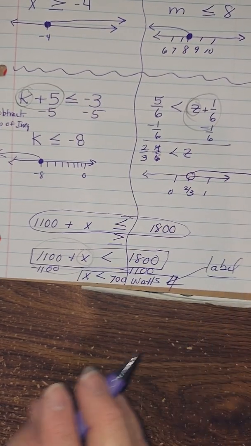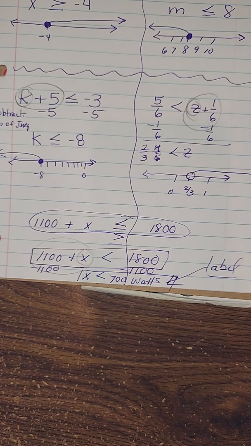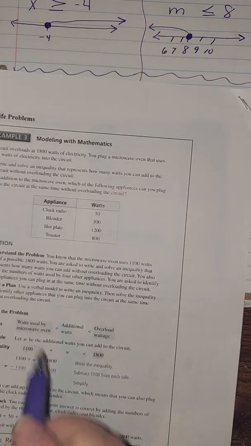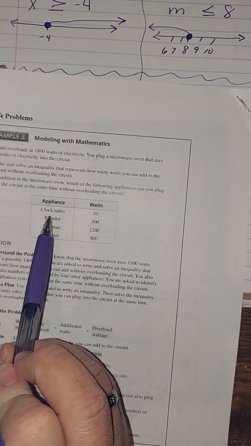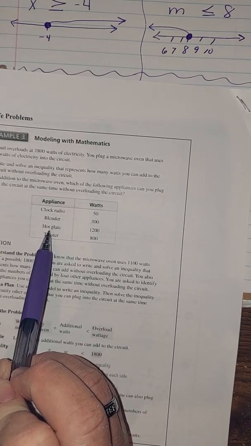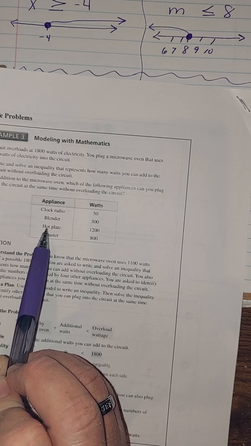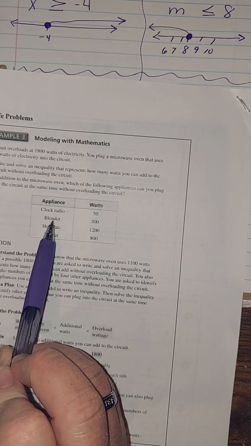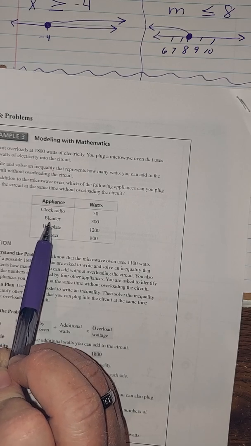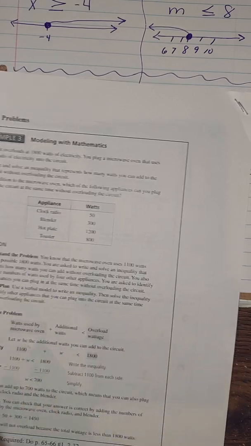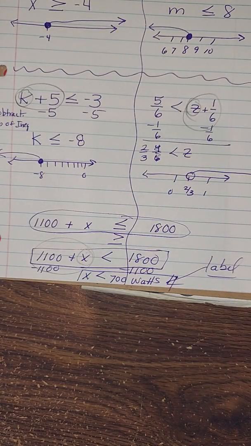So anything that runs on 700 watts will be acceptable. When given a choice, which one would be acceptable to run on there? Well, the toaster, definitely not. A hot plate, no way. You could definitely do a blender and the clock radio. Both of those would be okay. So see how you can use inequalities in the real world. Okay, friends, that's all.